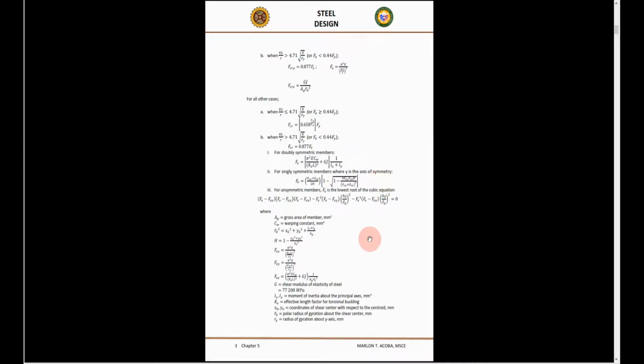So to further understand what I'm talking about, let's open our NSCP 2015 where we derive these formulas. Actually, these are just the summary of what we had in the NSCP. So for you to be able to visualize where it came from, you can open your NSCP on page 5-55.